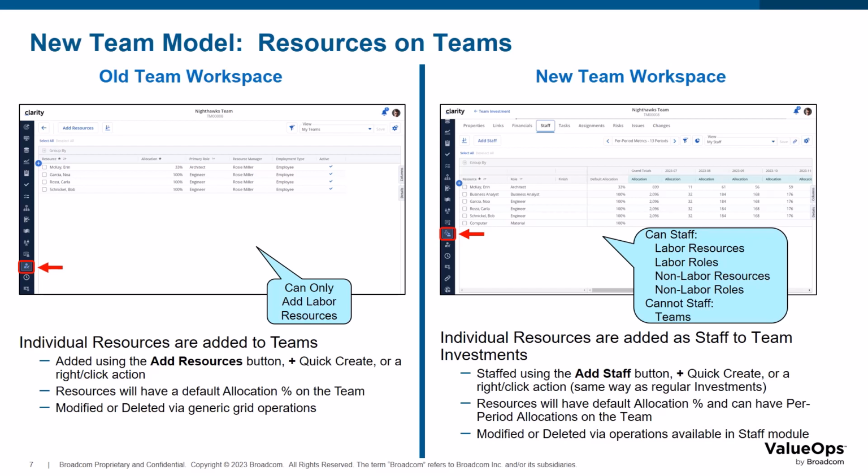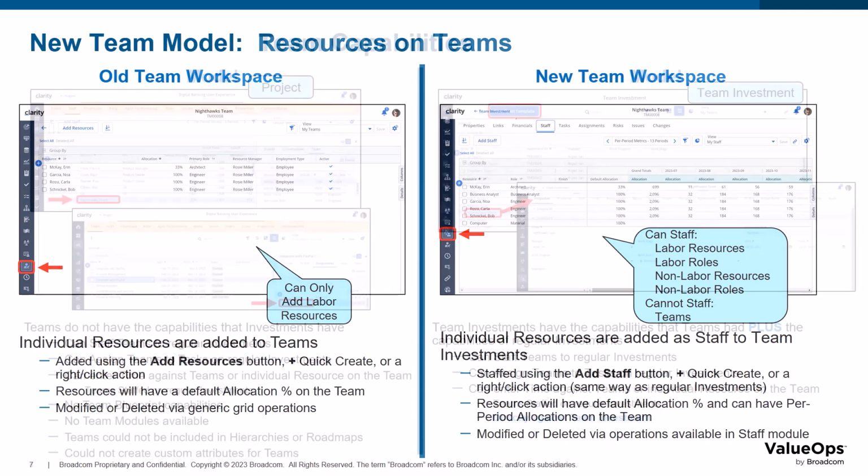You'll be able to add using the Add Staff button. You'll have a plus quick create, a right click action, just like you do for regular investments. And resources will have a default allocation %, but what's new is they'll also be able to have per period allocations on the team. And if you need to make any edits or deletions for people on the team, you would do that right here in the staff module.